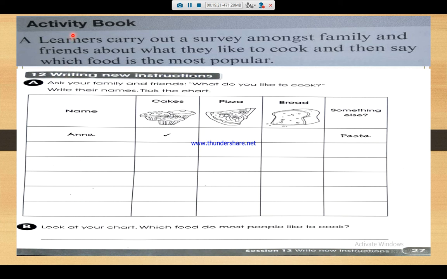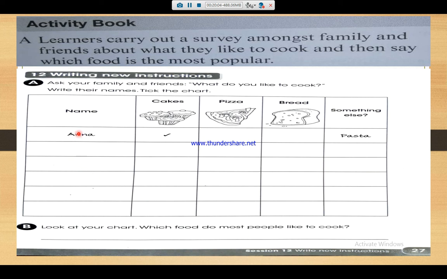Here we have a guide for you, the activity book guide for exercise letter A. Learners carry out a survey among family and friends about what they like to cook, and they say which food is the most popular. So in exercise letter A, you are going to ask your family and your friends about what they like to cook. And in exercise letter B, you are going to tell what you think is the most popular food that people like to cook.